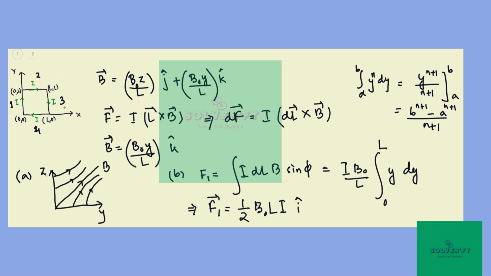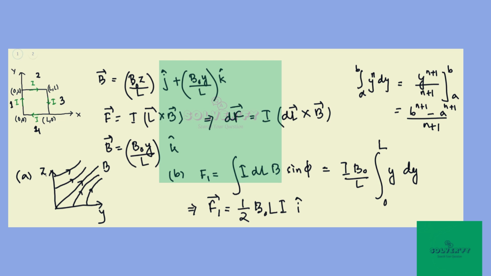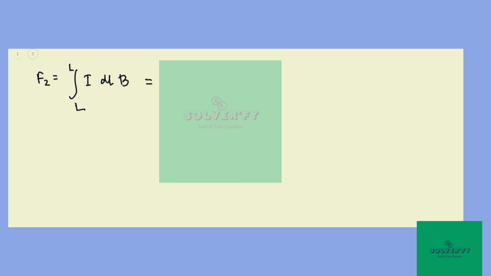Okay, so we have to see what dl is. So dl is basically x here, because dl is parallel to the x-axis. So our limits are going to be the limits of x and not the limits of y.